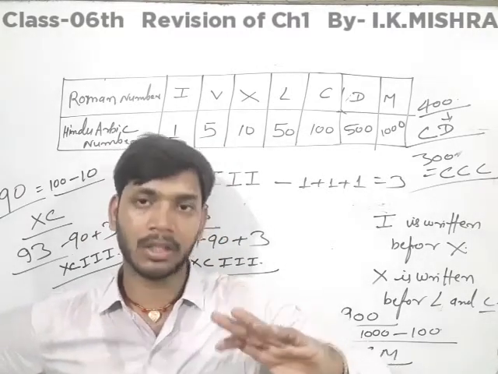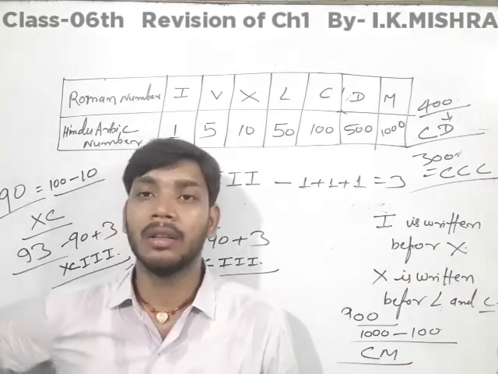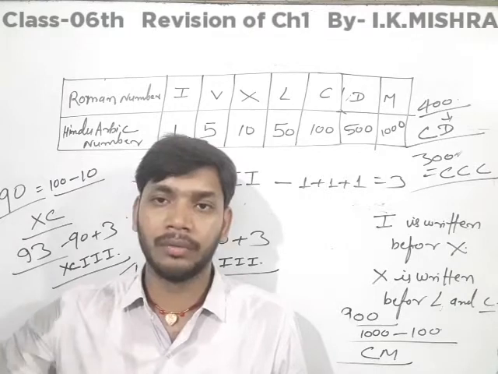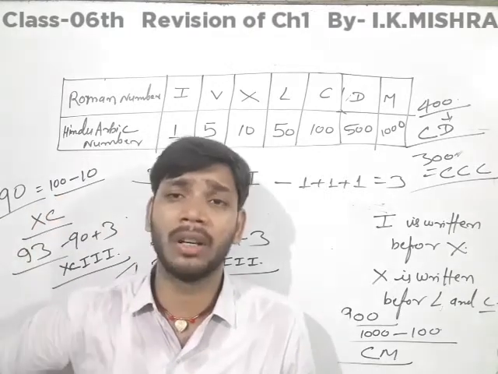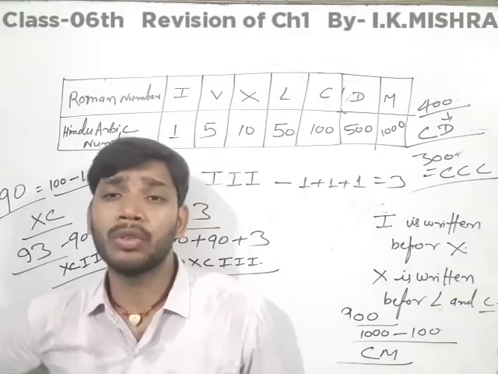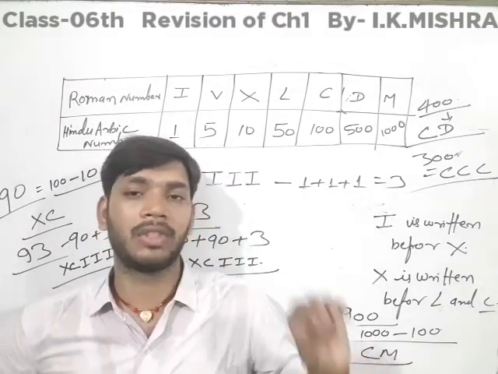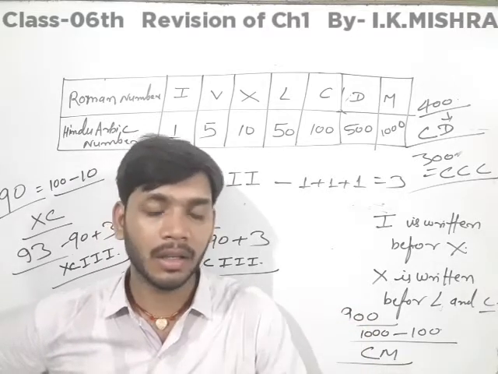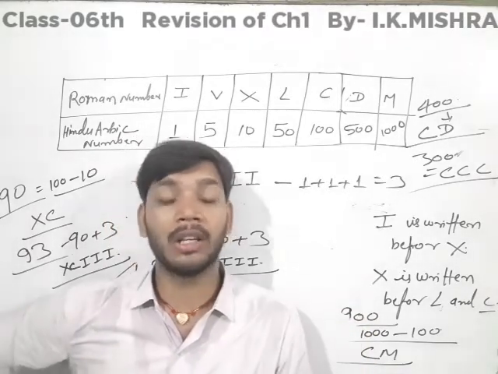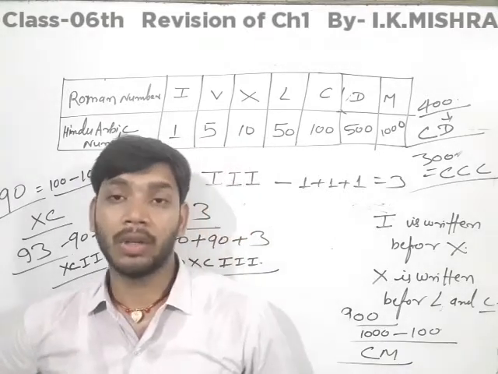In the video before this I discussed the notation of numbers in the Indian system, international system, place value, and face value. So students, all the main things of chapter 1 are discussed here, and I think you will complete your homework. You will complete chapter 1.